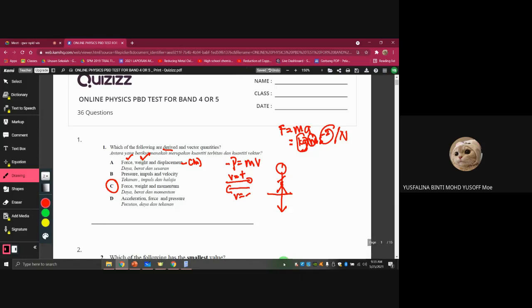And it is also derived, of course, because p is mv. Mass is in kg, v is in ms negative 1. You can see here it is derived because it has kilogram, mass, and a second, so it consists of more than one base quantity. That's why we call it derived. So the answer should be C. Are you clear about number one?